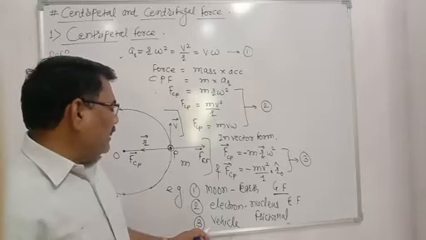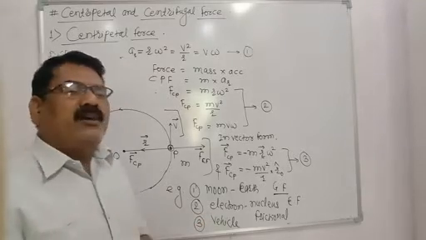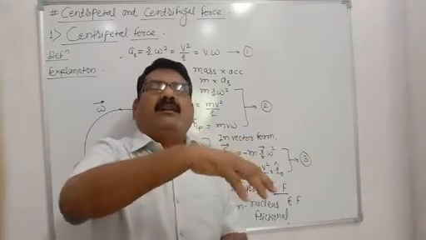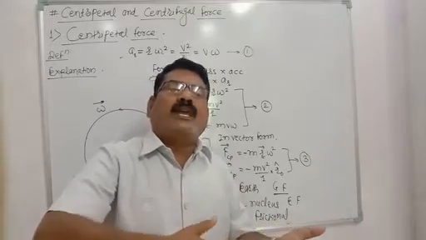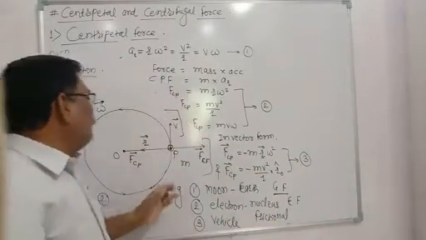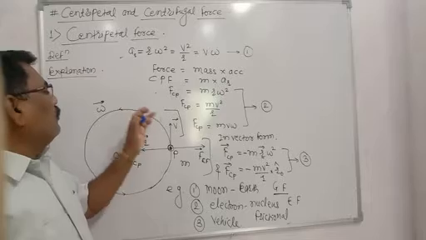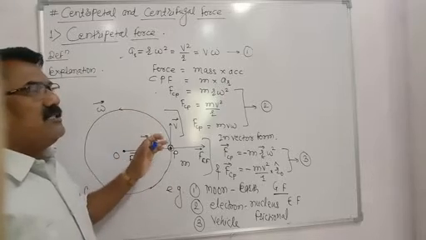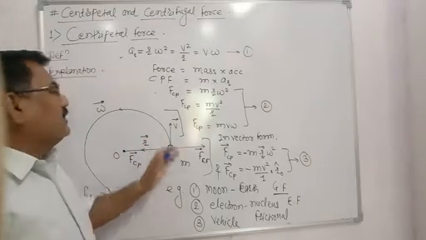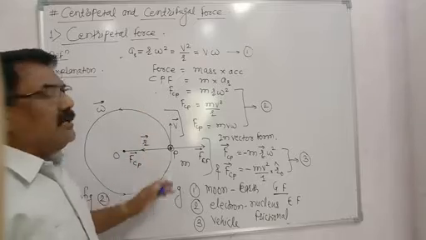And in the next example, when a vehicle is taking a turn, it is moving along the circumference of a circular path, means it performs circular motion along the turn.